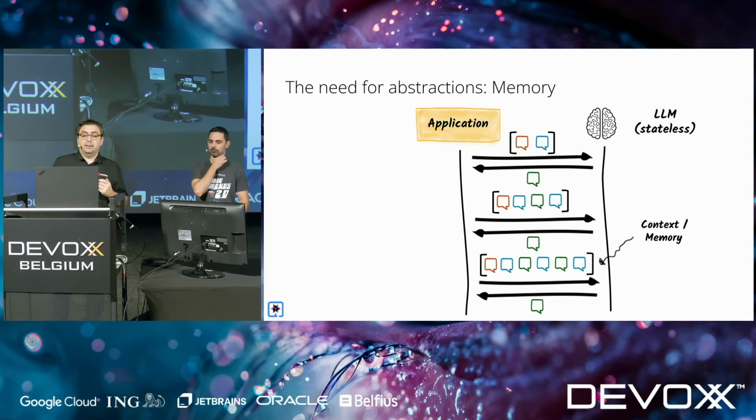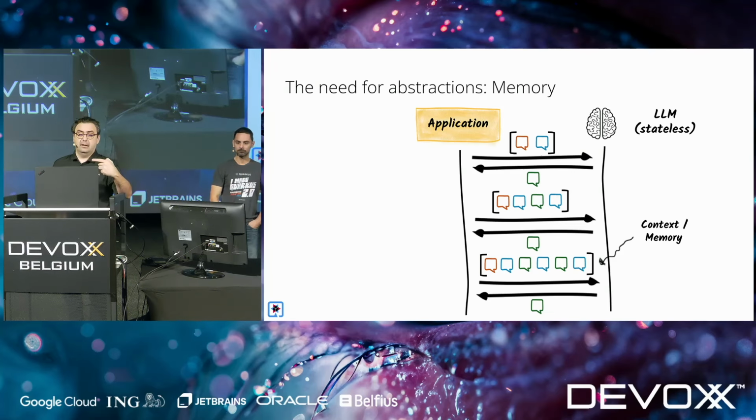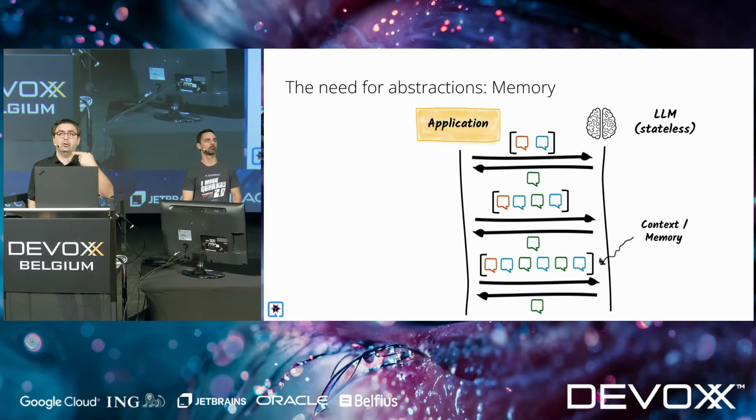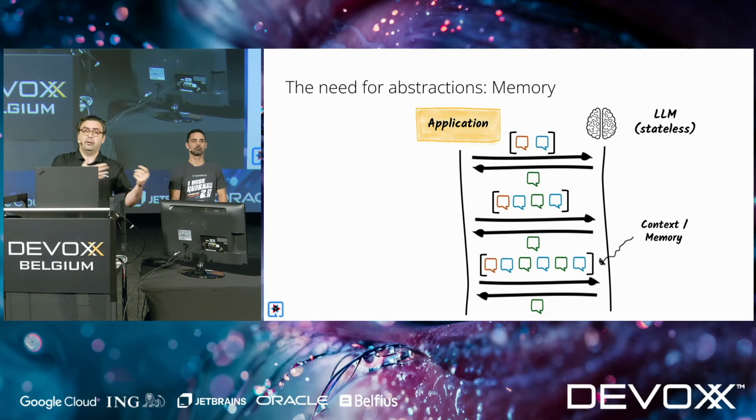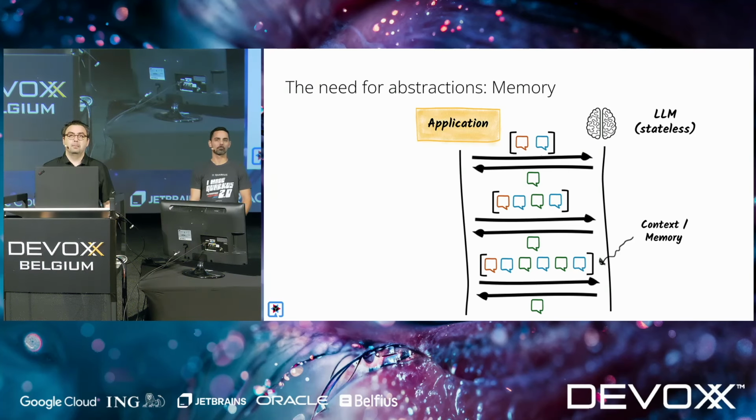Second thing is that you need abstractions. LLMs are stateless. I'm going to send messages like what I want the LLM to do, and it will reply. And if I just ask a second question, it does not have memory of what I exchanged before. So if I say, hey, hello, my name is Clement, it will reply, hello, Clement. And then I say, what's my name? It will say, I don't know. Great. It's like talking to my grandmother.